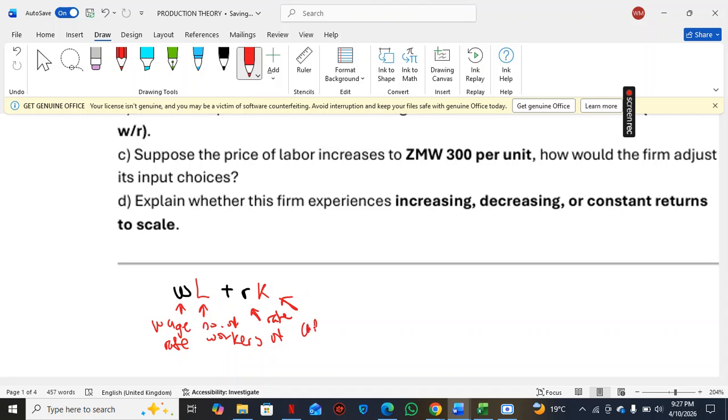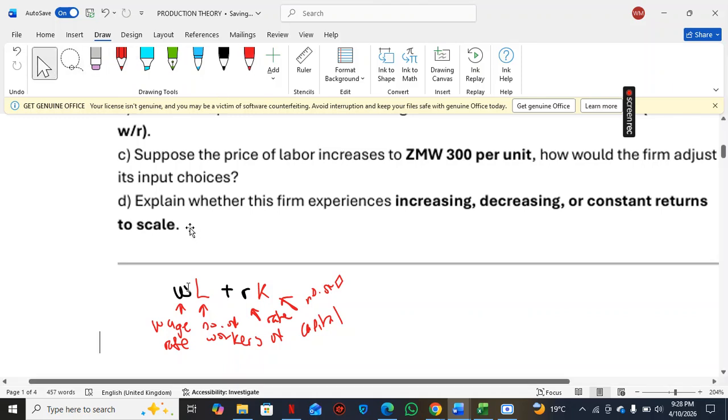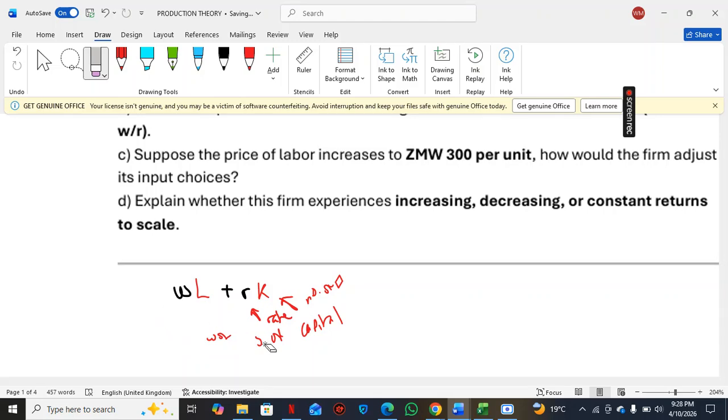Maybe you can think of it as the number of machines, or equipment. So you say W times L plus R times K equals C. This is the cost minimization condition here. C is just your cost, the total cost.